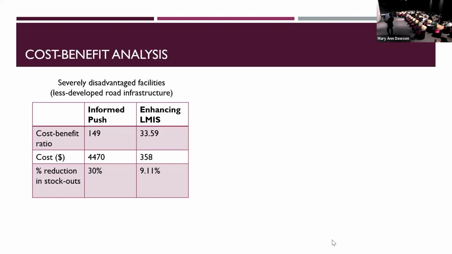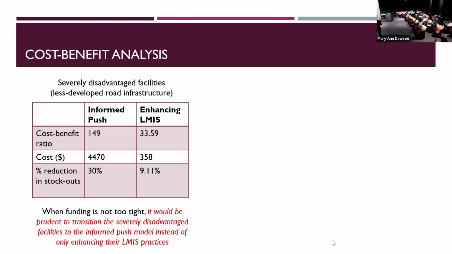But this is where looking at a ratio can be misleading. Once you unpack the ratio, what we see is that yes, it is more expensive to implement the push model, but it also offers significantly higher benefits compared to just improving LMIS practices. So in this case, what we would recommend is, if funding is not too tight, go for a full-blown transition to the informed push model rather than just focusing on improving LMIS practices.